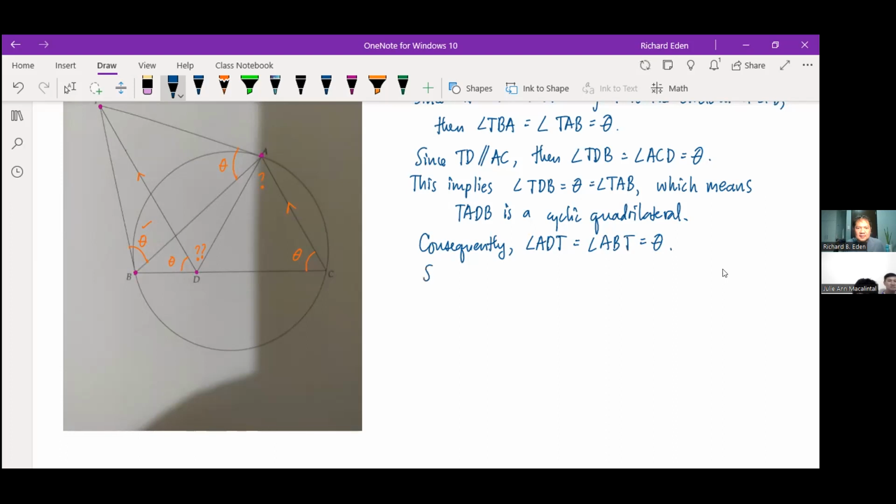Again, wait, recall that TD is parallel to AC. So angle DAC equals angle ADT.